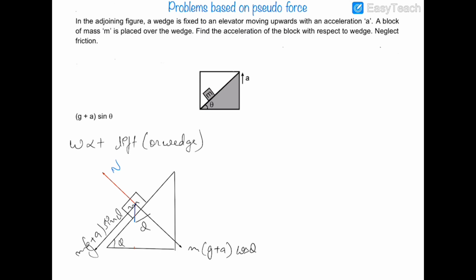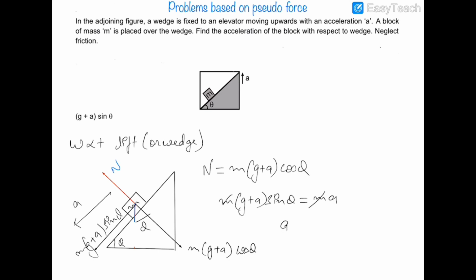Now I can see that in the direction of normal reaction, there is no motion. Therefore normal reaction will be balancing out m(g plus a) cos theta, and in this direction this block is free to slide, therefore it would be sliding with some acceleration a, and net force acting in this direction m(g plus a) sin theta will be equal to ma.